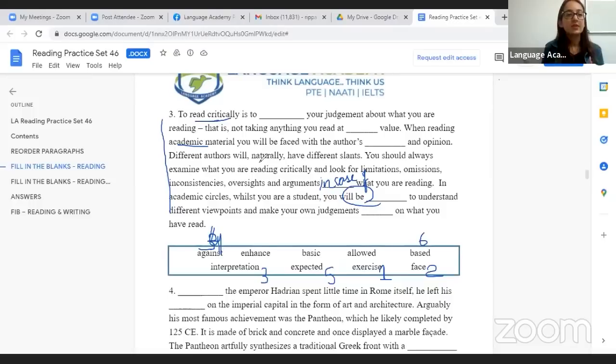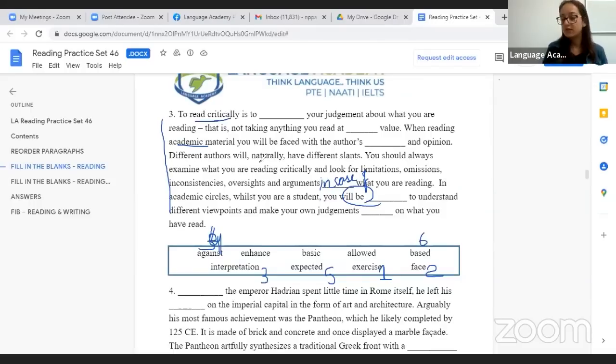Third, author's opinion, something that matches with opinion. The author's own interpretation of things is what we need in academic books. And arguments in the context of what we are reading, in case of what we are reading, related to what we are reading, that is against. And you will be expected in schools, in academic circles, as a student, they expect that we will understand, and then we will make our own judgments based on what we have read.